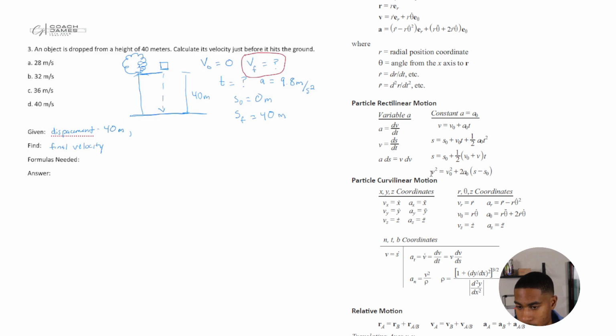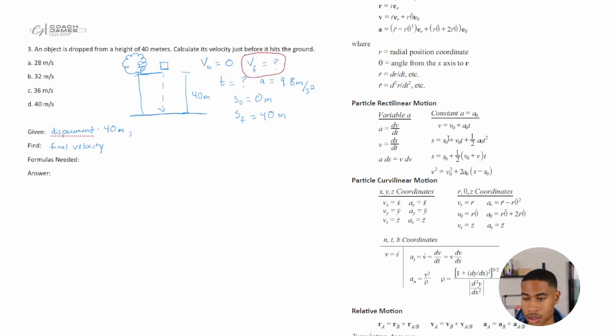Therefore, we can just solve for the variable that we're trying to get, which is why we would choose this one. You could have chosen the other one, but it would have given you time, which is not what you're solving for. You want to be very efficient and select the formula that's going to give you the answer you're looking for and not add steps.